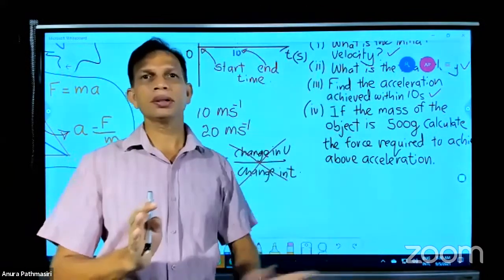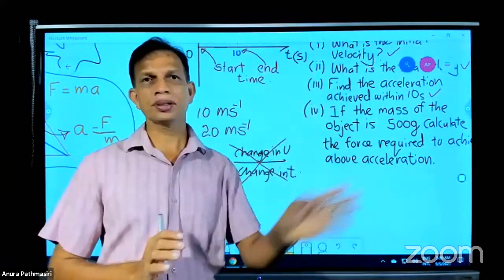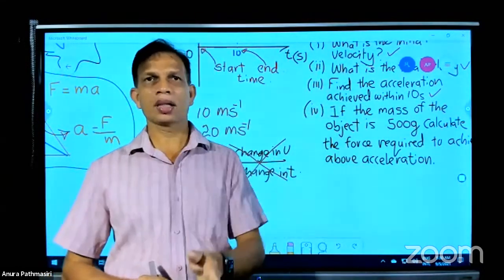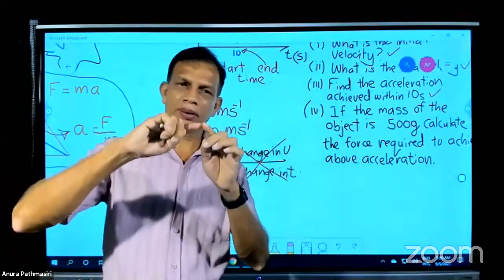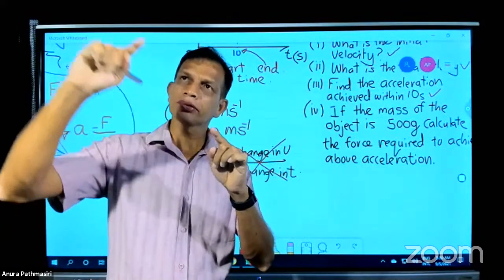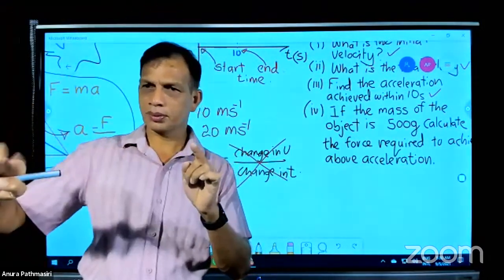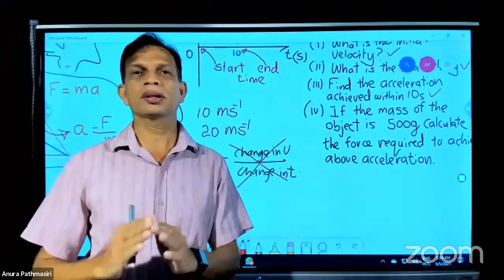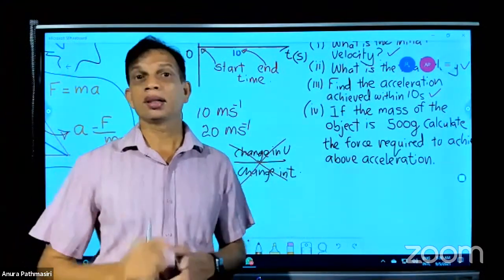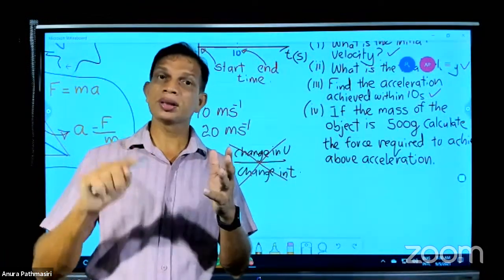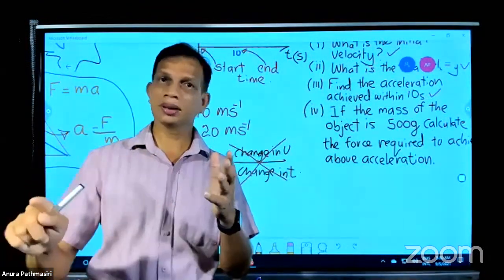There's no graphical representation there. But if you are given a graph with initial velocity 20 and final velocity 30 drawn, and then you are asked to find the acceleration, there you can't write acceleration equal to change in velocity divided by change in time.